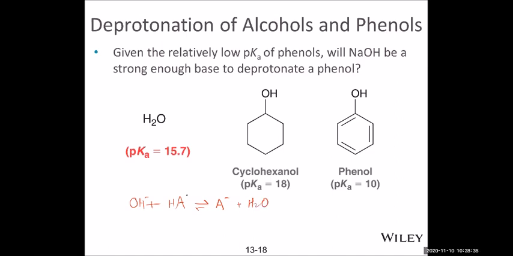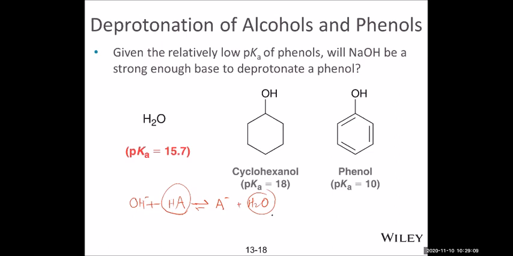You have a reactant acid, and once deprotonated, there's a product acid. So basically, compare these two pKa's, which is the stronger acid. If the reactant acid is stronger than the product acid, then the reaction will favor the product. That's what we learned before, and I will not spend time discussing it here, but that's basically what it boils down to.